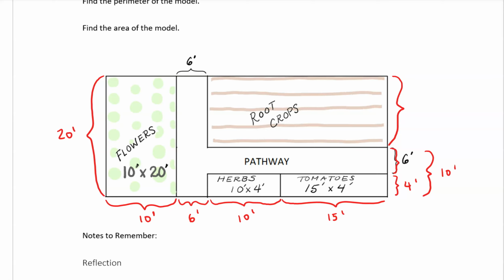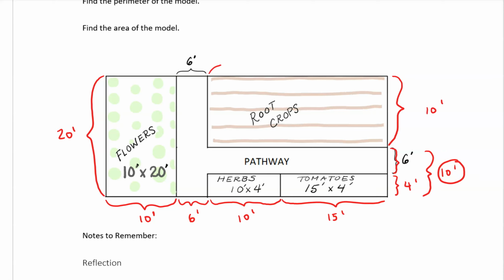What that tells us is that this 10 feet plus whatever, maybe I'll put a question mark here, plus whatever that is, has to equal 20 feet. So I'm going to put 10 feet here. That's what makes that value true.